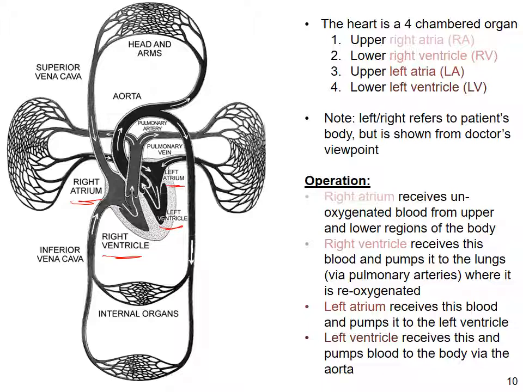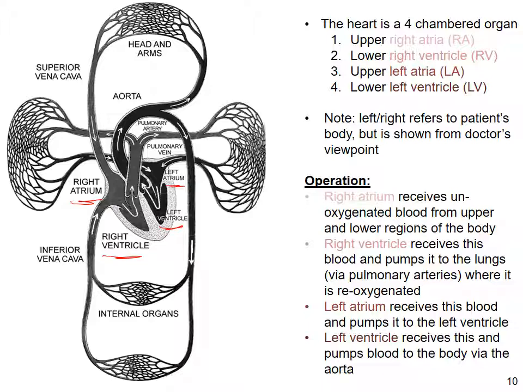Now what happens here is the right atrium receives unoxygenated blood from the upper and lower regions of the body. So this is the head and arms, internal organs, and so on. It's passed through the body, now it's coming back to the heart. So the right atrium is kind of like the receiver. It collects all this blood.